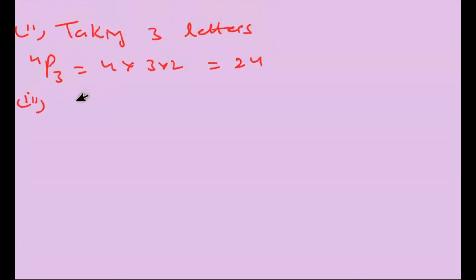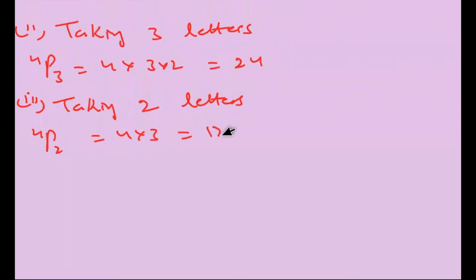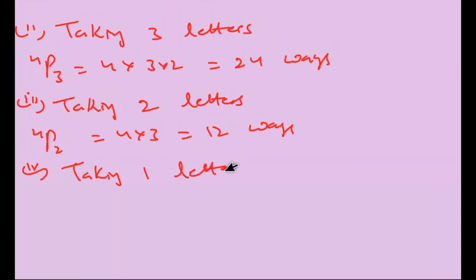Third, taking 2 letters, that is 4P2, 4 into 3, 12 ways. Permutations are 12 ways. Now the next question is taking 1 letter, that is 4P1, equal to 4.